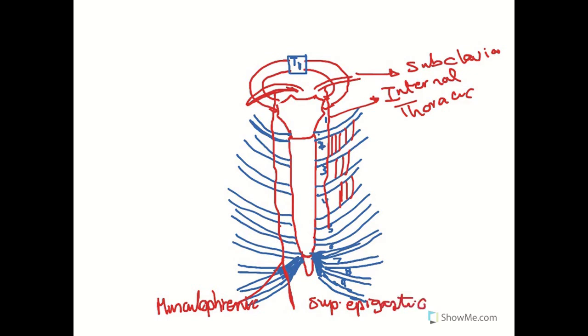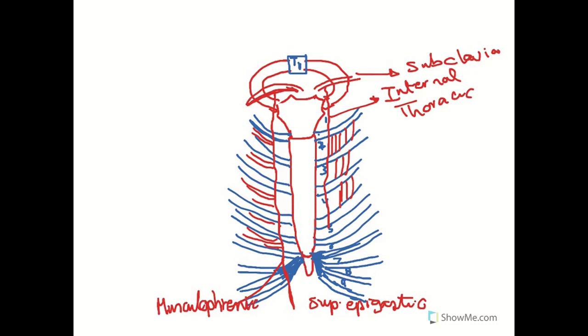The internal mammary artery is responsible for supplying the anterior part of the chest wall, the intercostal spaces, up to the 6th intercostal space. So it supplies the anterior part of the chest wall from intercostal space number 1 to number 6.